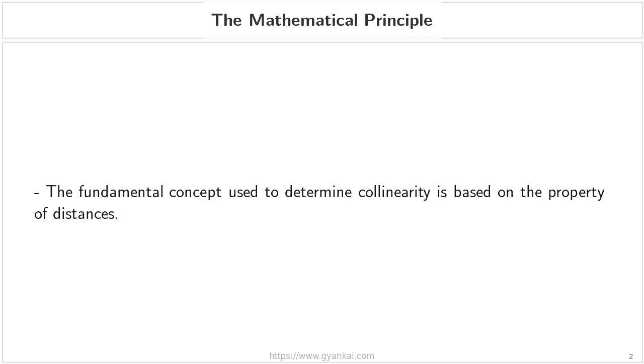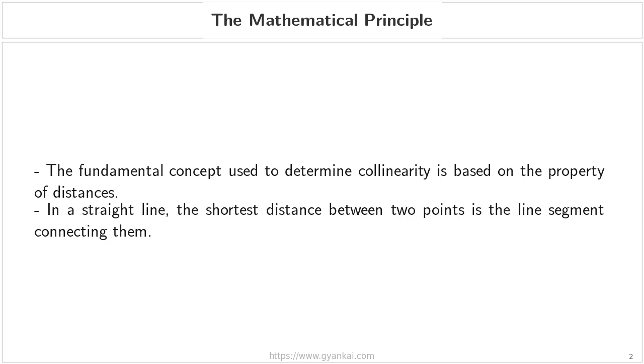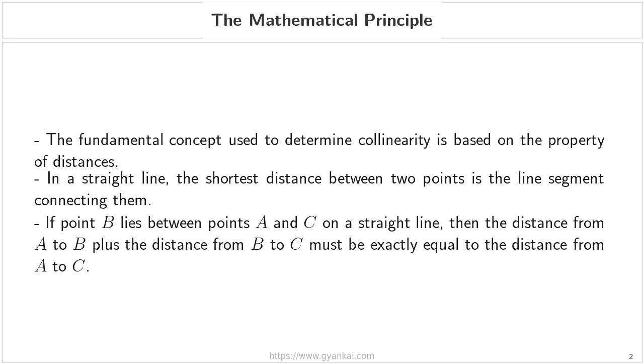The mathematical principle. The fundamental concept we use to determine if points are collinear is based entirely on the property of distances. Think about the geometry of a straight path. In any straight line, the shortest possible distance between 2 points is always the direct line segment connecting them. This leads us to a very specific rule.